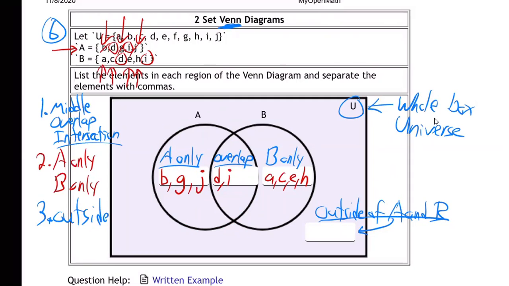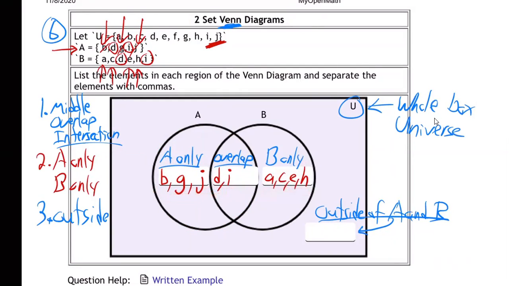The universe stops at J. Well, I would just go down the alphabet. A, got it, B, C, D, E. So far, they're all in A or B. A, B, C, D, E, F. Oh, F, yeah, I don't see F anywhere, right? Look, there's no F anywhere.